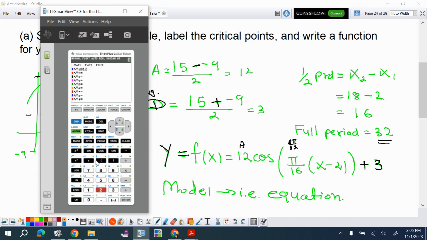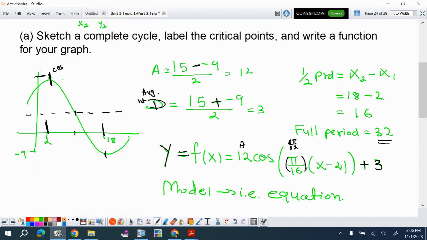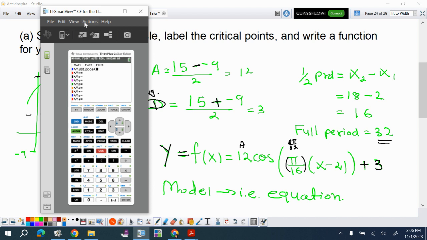12 cosine. Now, anytime you have a fraction, you must have extra parentheses. First of all, let me fix this, always in front. So I'm going to add extra parentheses. Pi divided by 16. You can use 2 pi over 32 also.